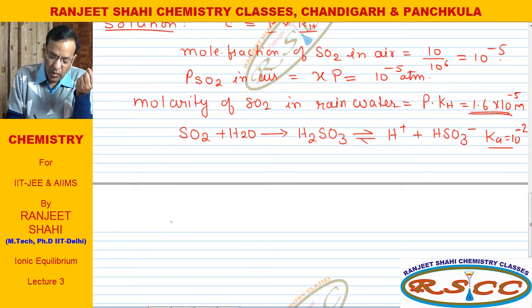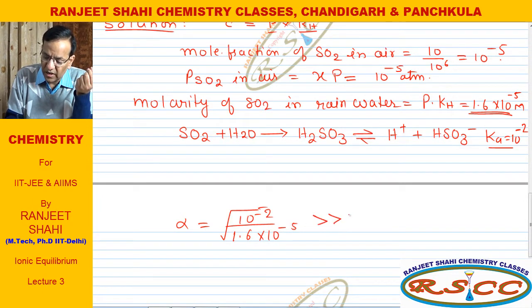If we apply the approximate formula for alpha, it is root under Ka, which is 10 raised to the power minus 2 upon C, 1.6 into 10 raised to the power minus 5, which is much greater than 1.